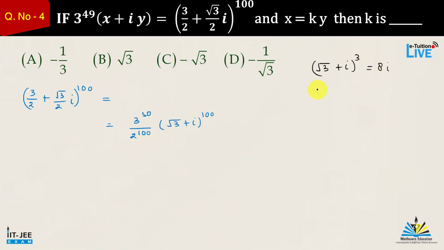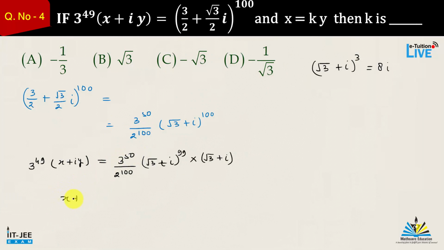Now we will remember this, and our question is 3 to the power 49 (x plus iota y), and this is equal to 3 to the power 50 upon 2 to the power 100, and we can write (root 3 plus iota) to the power 99 into (root 3 plus iota). So you will cancel this.